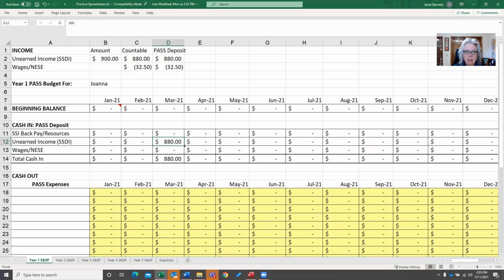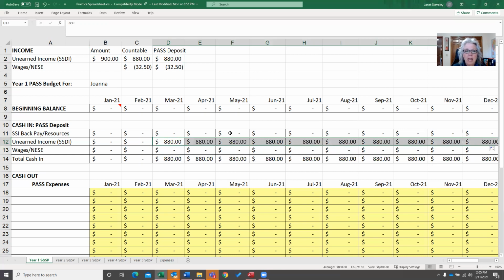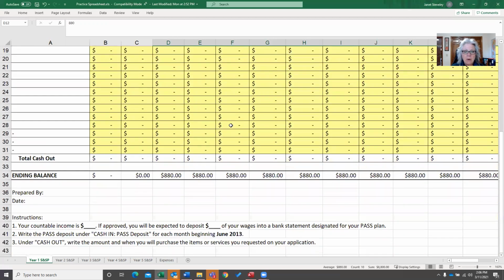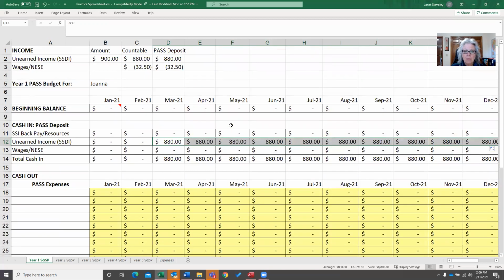We know that she can contribute that monthly, so I'm going to drag that across for the whole year, and it'll show 880 going in each month. That's all you need to do for unearned income.